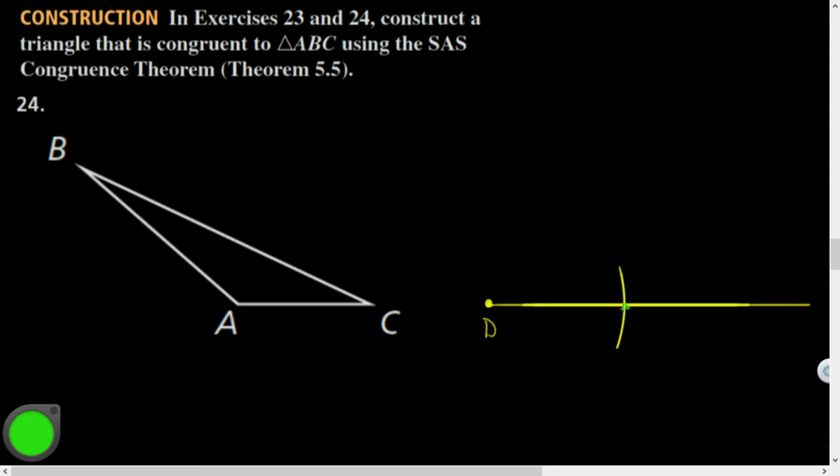So I could call this D, this point's going to be E, and I'll call this F. I can even draw that segment, although I'll probably end up retracing over it. Now I could measure the length of AB, so these are congruent, and find all possible points AB length away from D, but I'm actually more interested in matching this angle first.